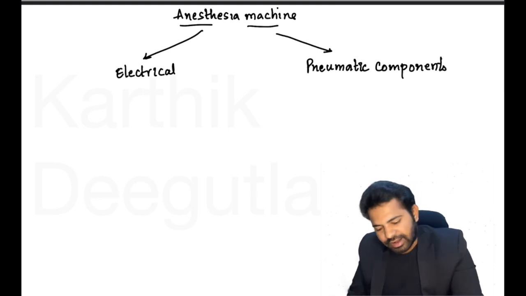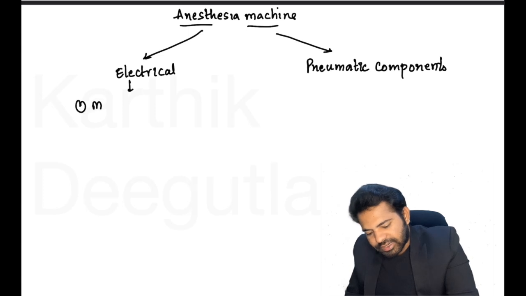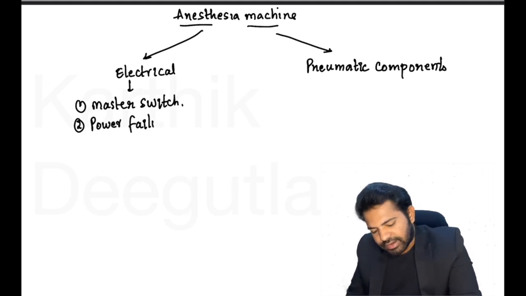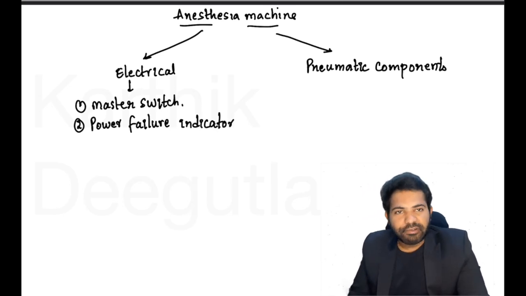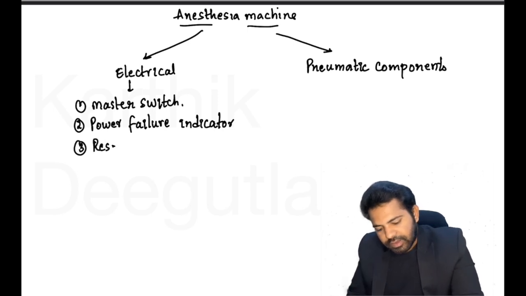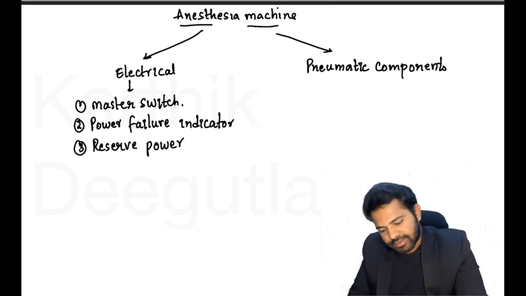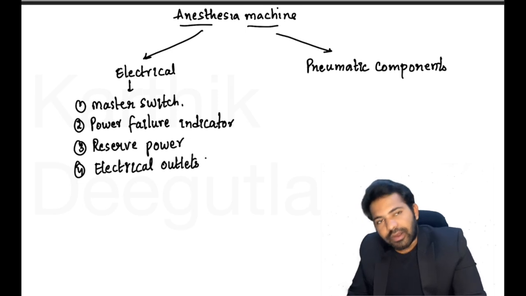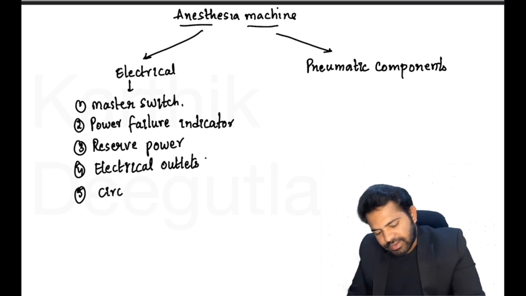So what do you mean by electrical components? The electrical components include a master switch, then a power failure indicator, then reserve power, then electrical outlets, and then the circuit breakers.